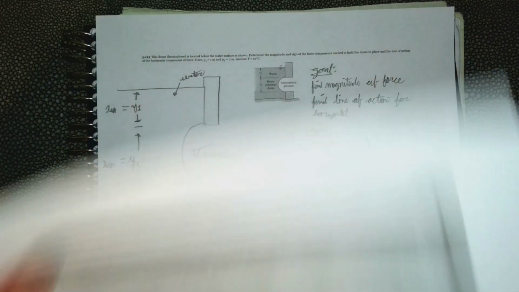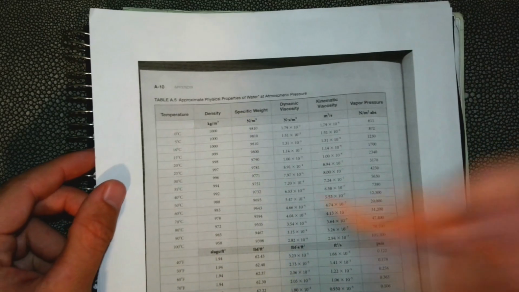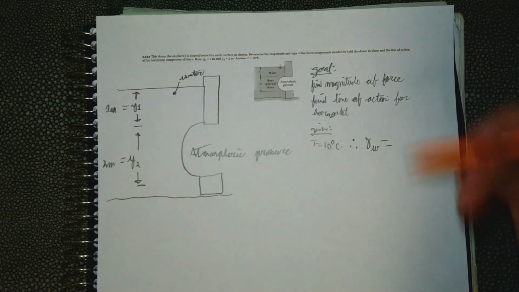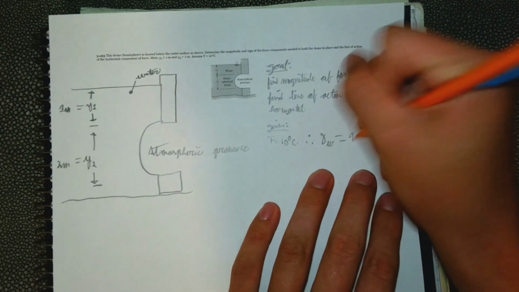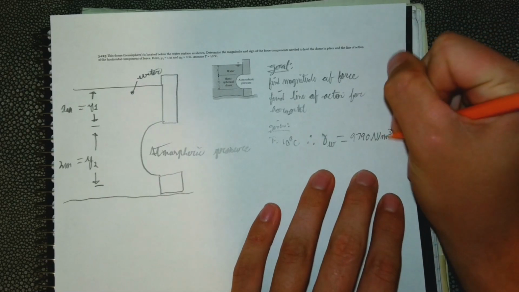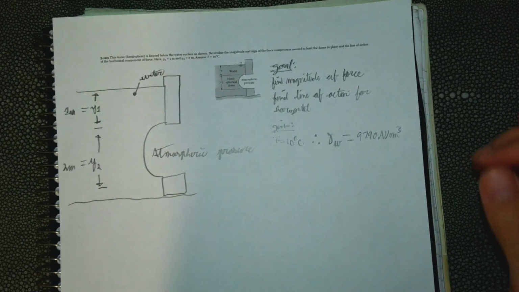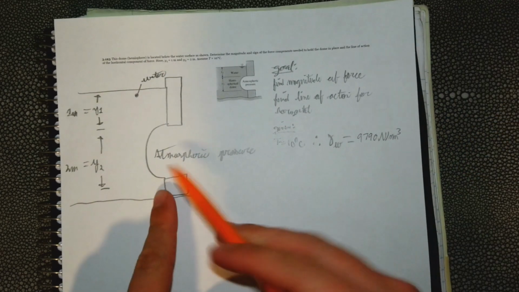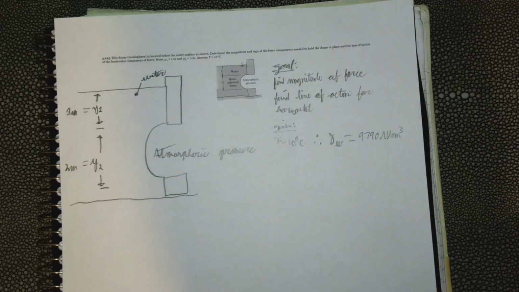There we go. 20 degrees, specific weight is 9790. You'd think I'd have memorized those by now. Okay. I think that's all for the givens. And a given is that this is a hemisphere also.